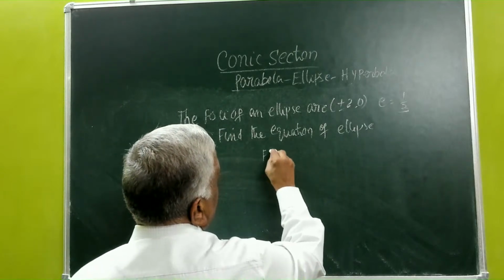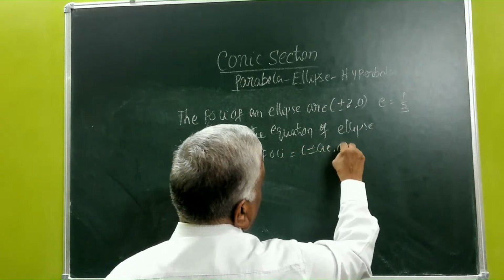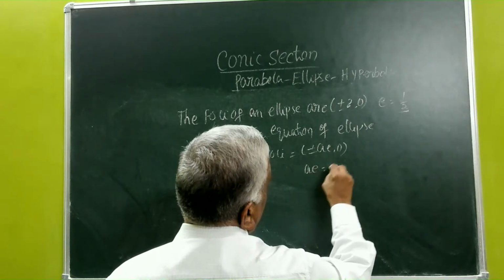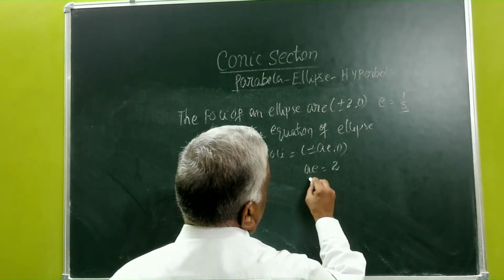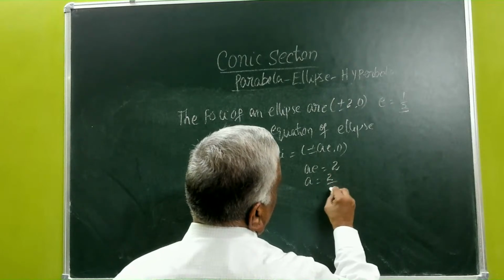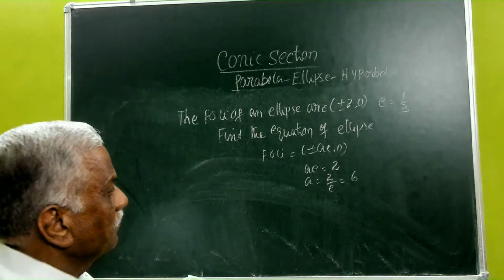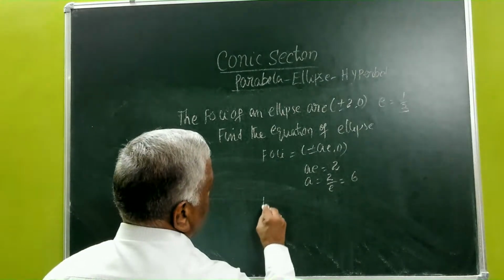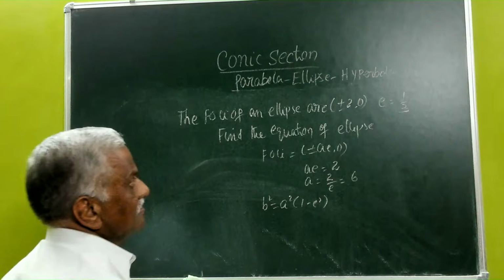What is foci? Plus or minus ae, 0. So ae is equal to 2, a is equal to 2 by e, that is 6, because e is 1 by 3. You have to find b square: a square into 1 minus e square.